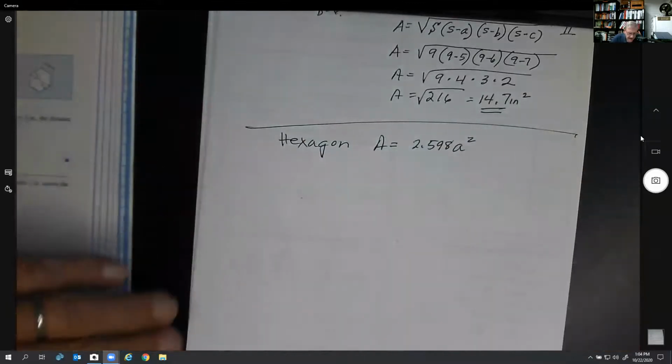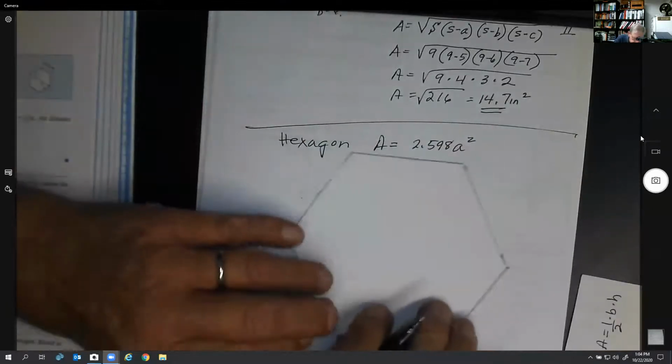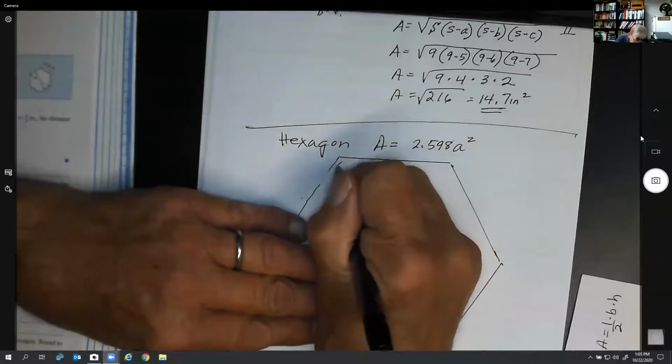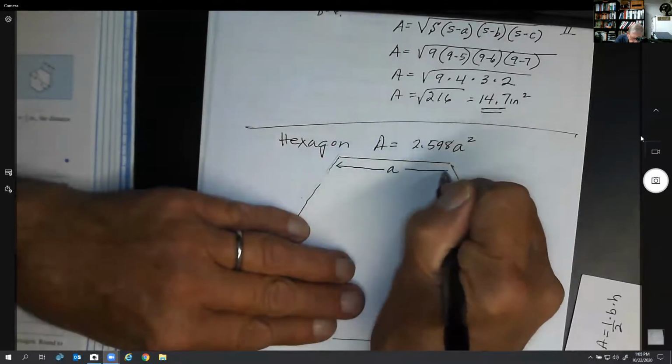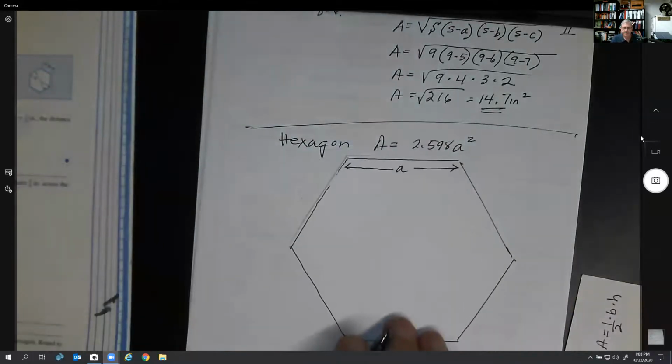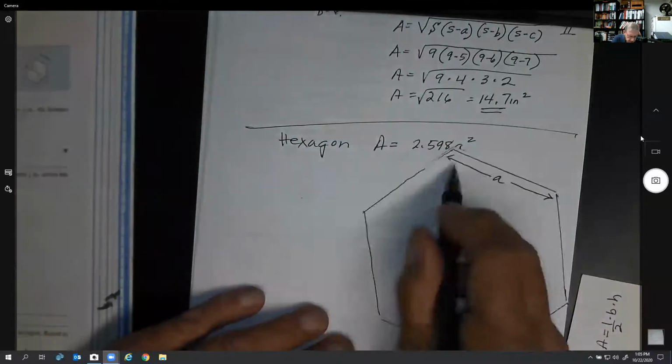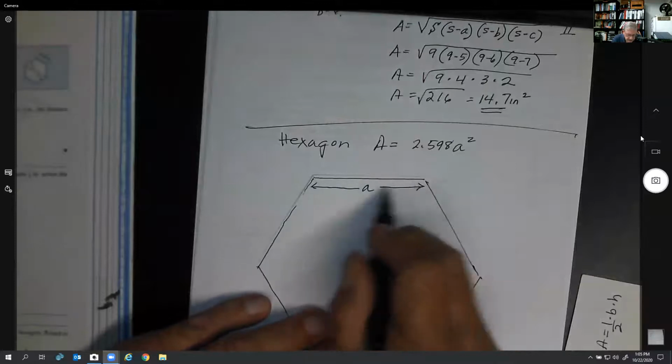So what is A? A is the side. The distance from here to here is called A. So let's say this side was 6 inches long.